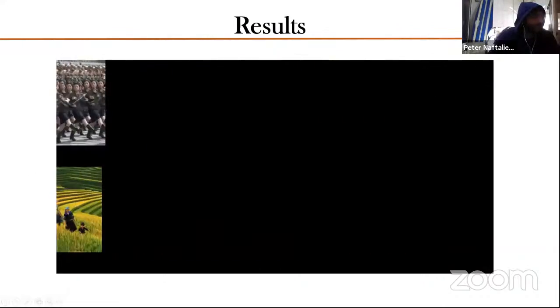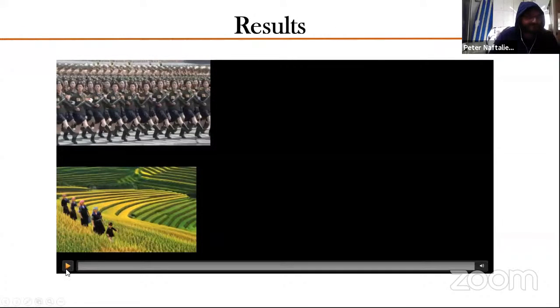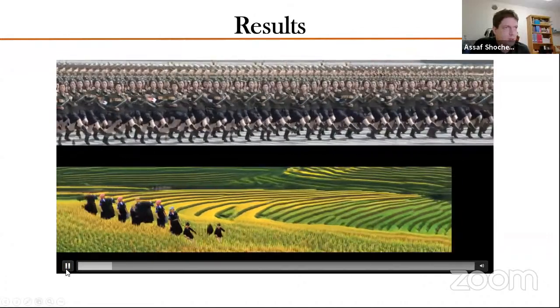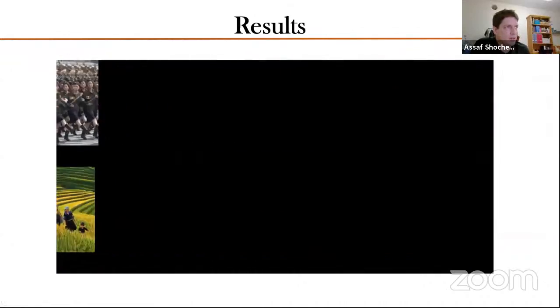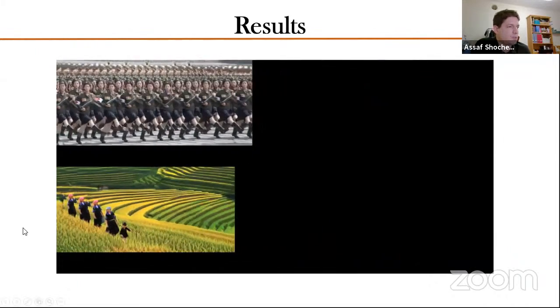Slipped my mind. Kim Jong-un. So these are actually his army of female bodyguards, and you can see there is like an implicit face distribution here, and you can see the terraces here from Sapa, Vietnam.